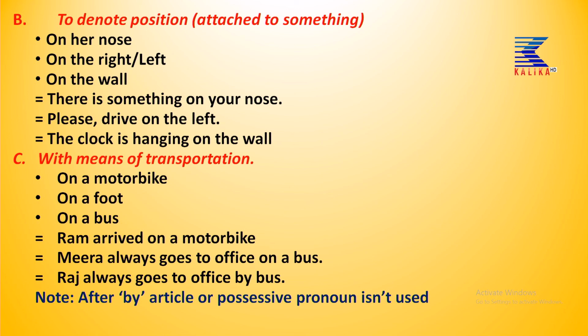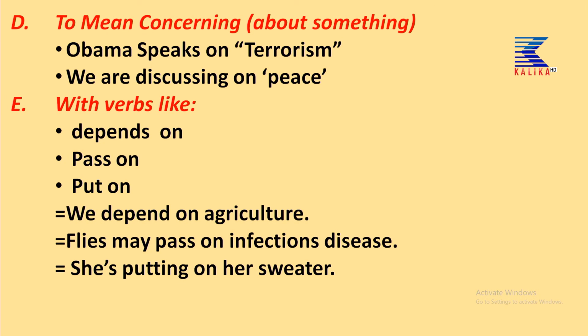And the next use of on, we use on to mean concerning something. For example, Obama speaks on terrorism. So that is to mean concerning. We are discussing on peace.